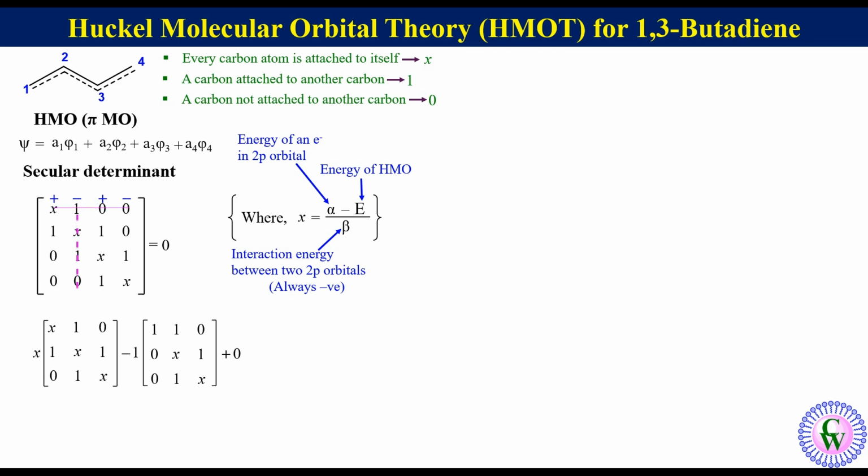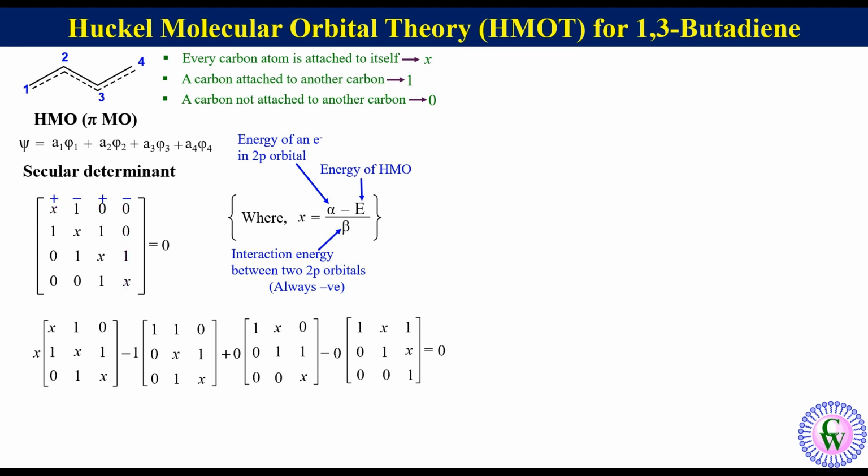So put plus 0 and multiply it with a 3 into 3 matrix formed by ignoring figures in front of 0, which is 1 X 0, 0 1 1, 0 0 X. The fourth place is again negative and there is 0. So put minus 0 and multiply it with a 3 into 3 matrix formed by ignoring figures in front of 0, which is 1 X 1, 0 1 X, 0 0 1.